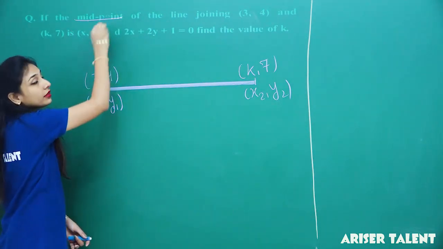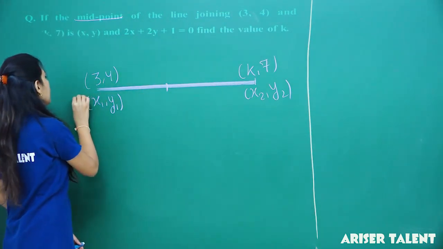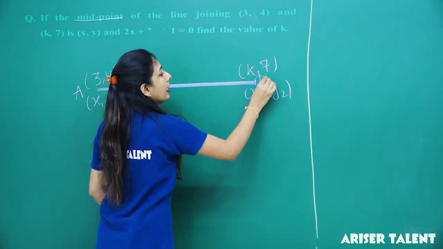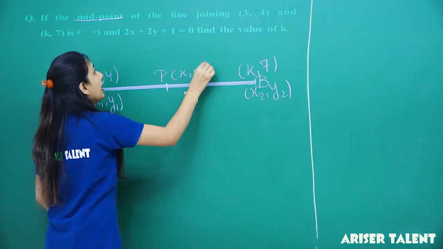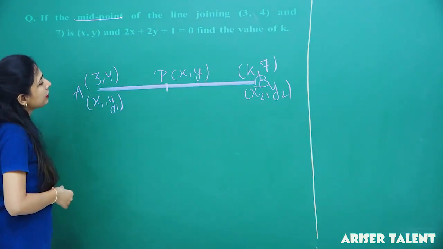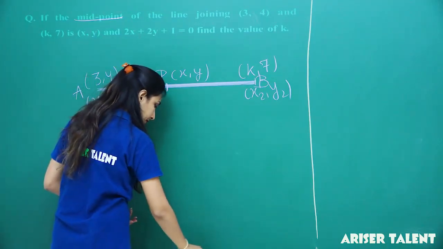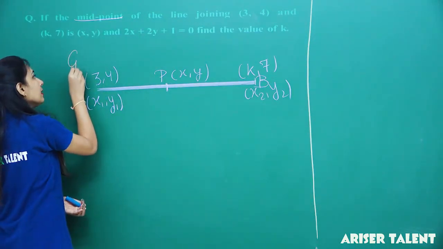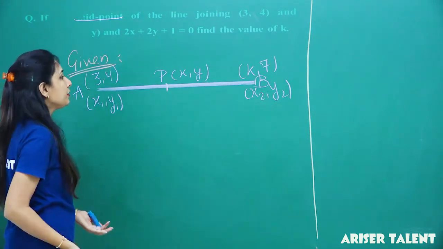The midpoint is somewhere here. Now name it A, name it B, and the midpoint is P, having the coordinates (x, y). This is given, guys. All these things are given to you. So the given things are represented in the diagram.